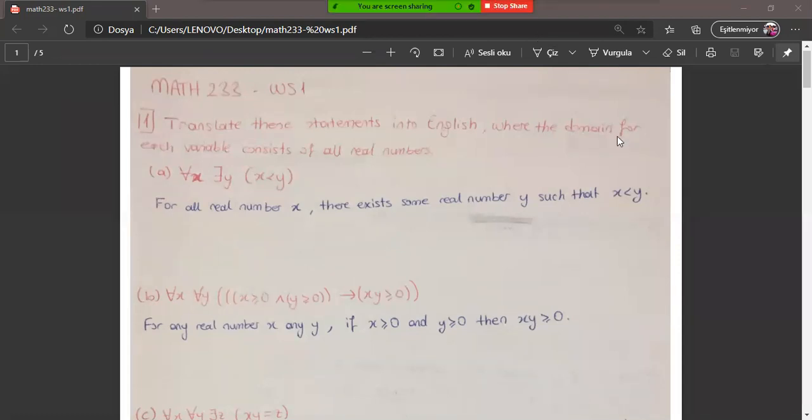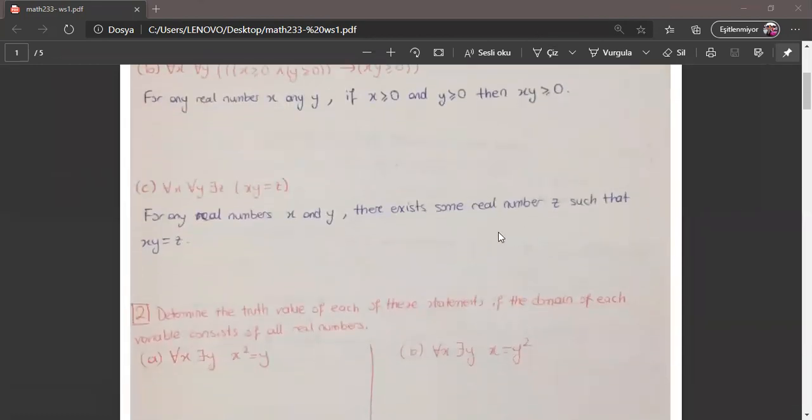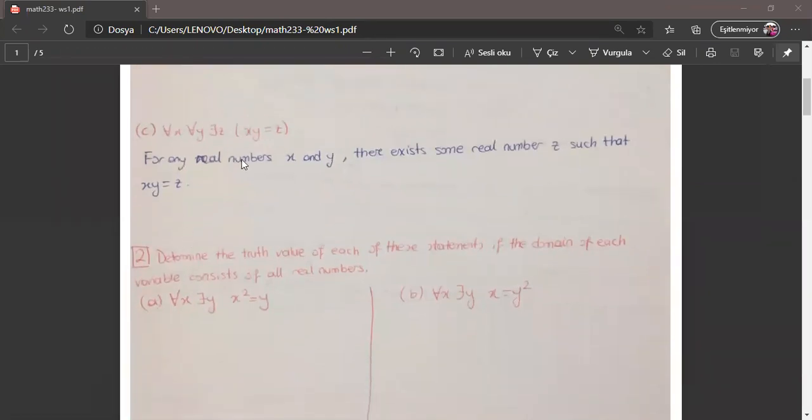So we can pass to the third part. Here we have for any X, for any Y: for any real numbers X and Y, there exists some real number Z such that X times Y equals Z. Let's pick X equals 2 and Y equals 3.